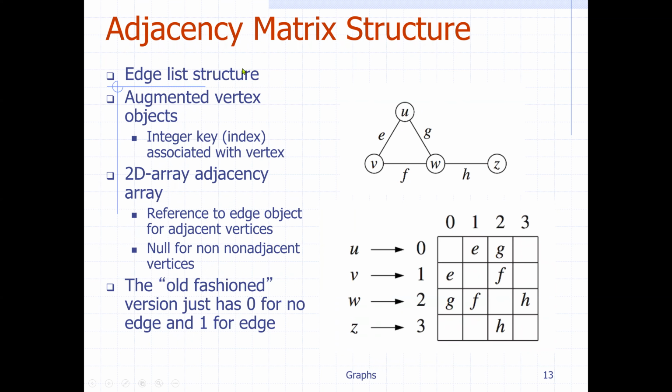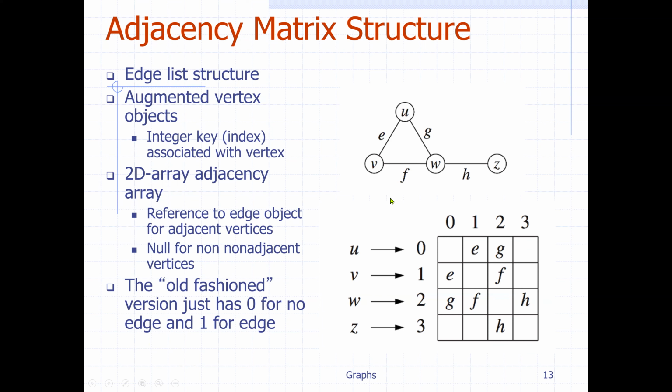We can also represent a graph as an adjacency matrix. Those are the 2 main representations of a graph, either an adjacency list or an adjacency matrix. With an adjacency matrix, it is almost the same concept as the list, but we know a matrix consists of rows and columns.